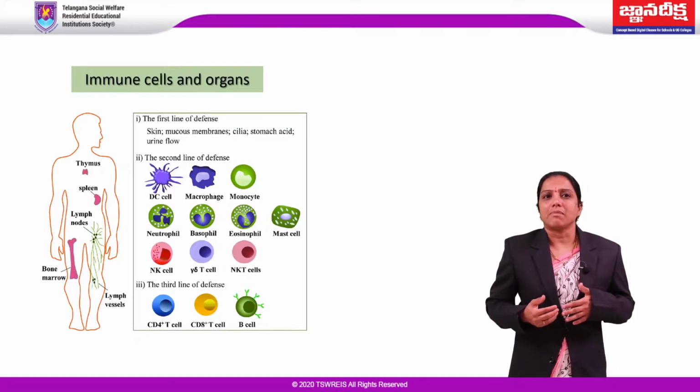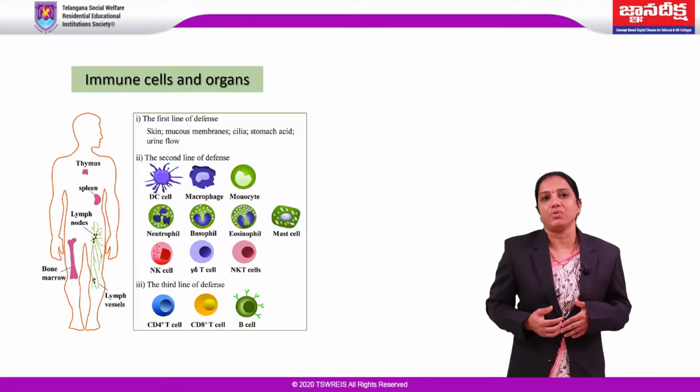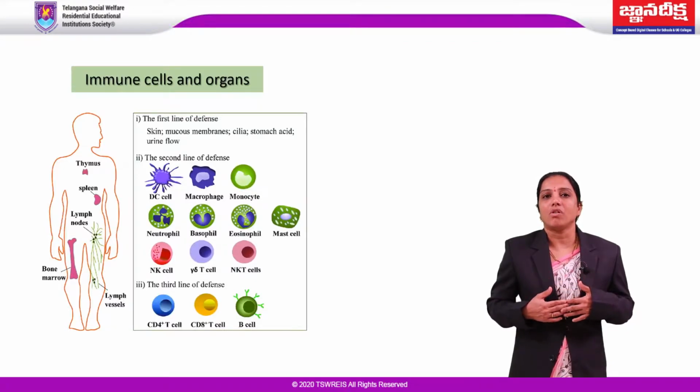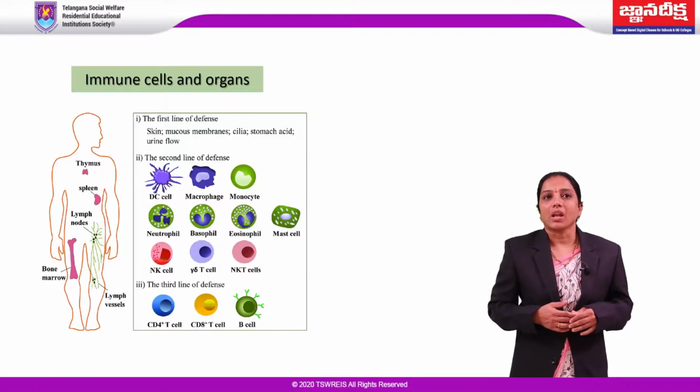If organisms escape this second line of defense also, they should face the products produced by B cells and T cells, which are also called B lymphocytes and T lymphocytes. Thus, the immune system protects our body from foreign substances with the help of these different types of cells and organs, which we are going to see in our session.